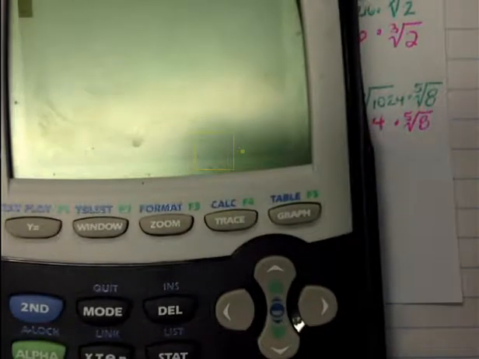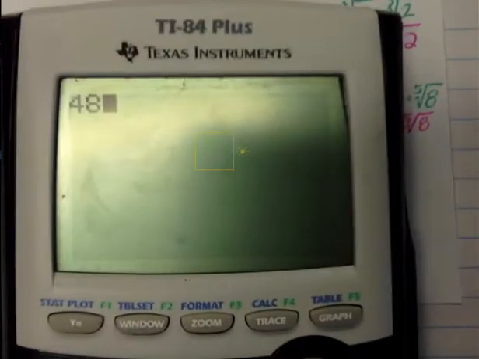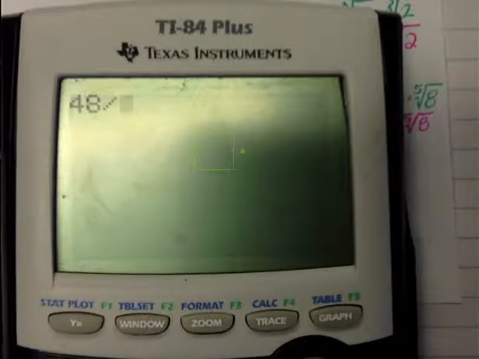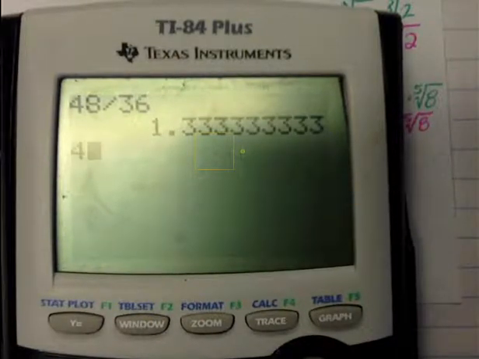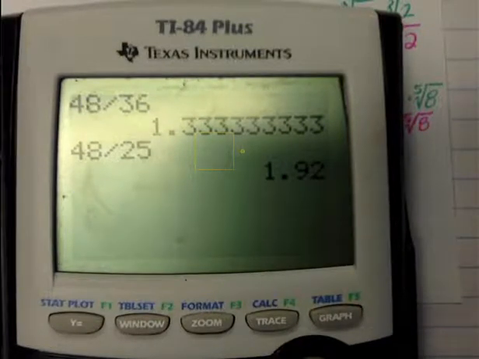So we do the 48 divided by, so the first number that is big enough to work would be the 36 because 49 is too large. So 48 divided by 36, 48 divided by, again, if you know 25 won't work, you can skip it. 48 divided by 16 does work.